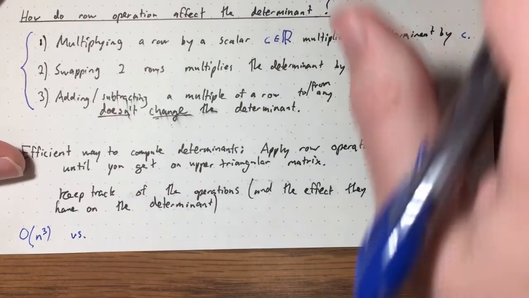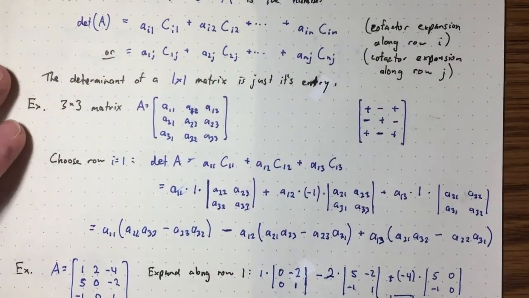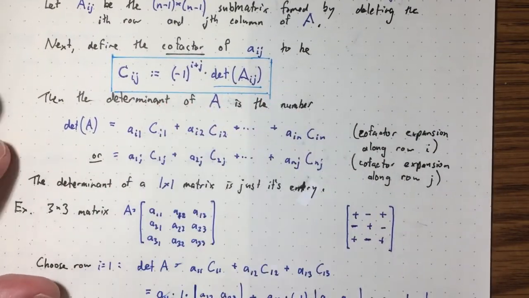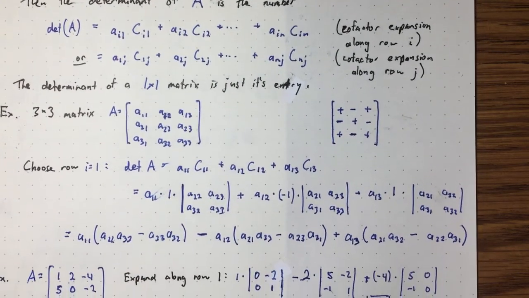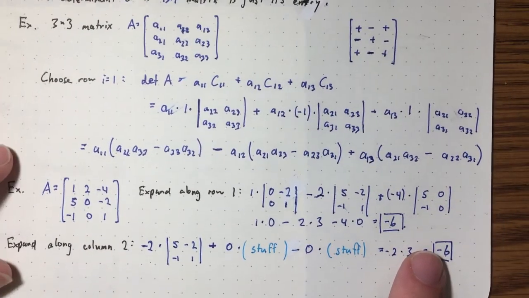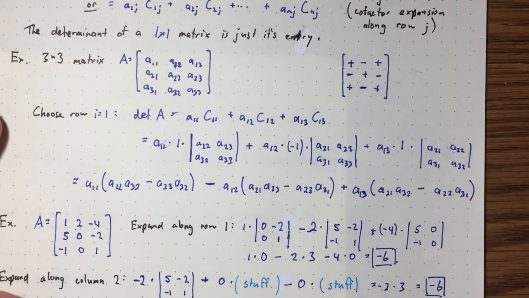Whereas, what is the complexity of this method? Okay, this recursive method. This is again something that's very easy to program because recursion is very natural to program. Anytime you have a recursive algorithm or recursive formula. But unfortunately, this is going to be O of n factorial.